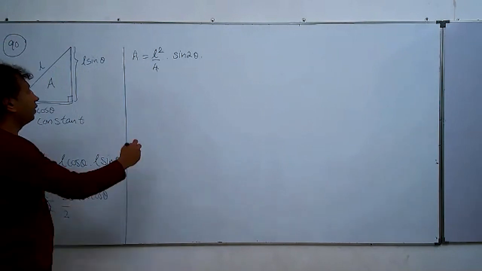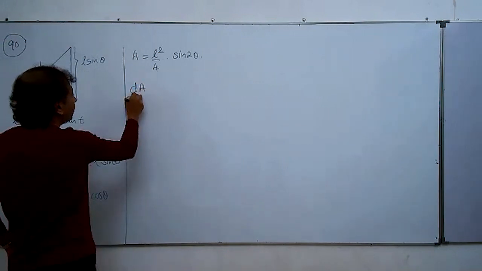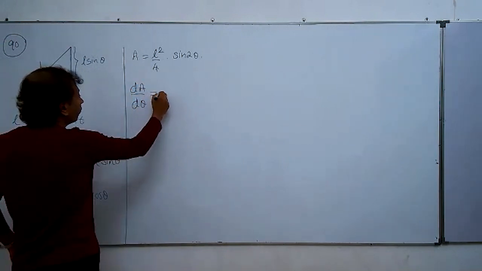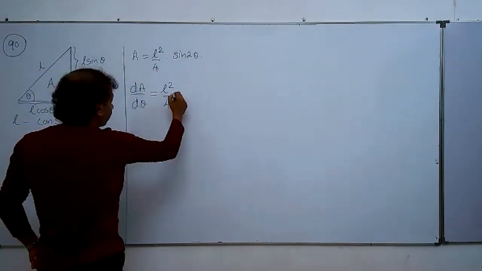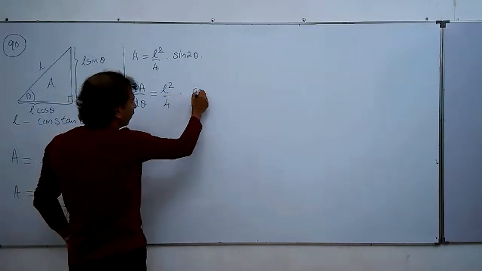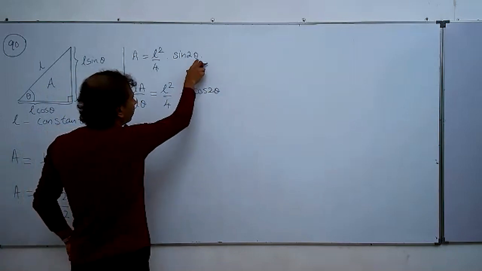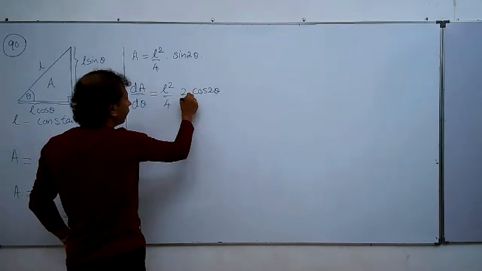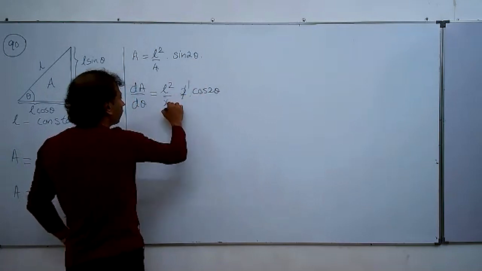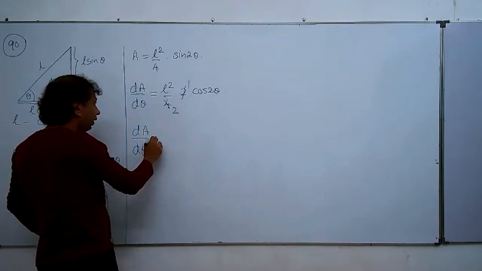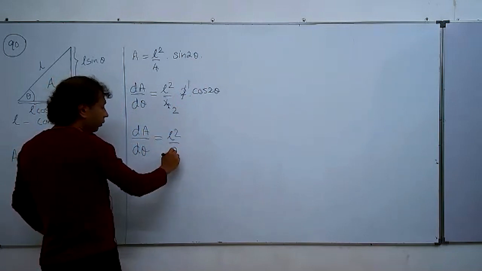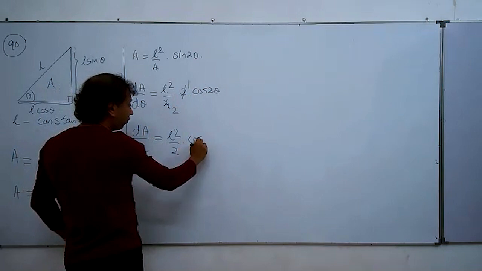Differentiating this, what do we get? dA by d theta: L squared by 4 is a constant. Sin 2 theta we can differentiate. We get cos 2 theta multiplied by the derivative of 2 theta, and this and this you can cancel down. We get dA by d theta as L squared by 2 cos 2 theta.